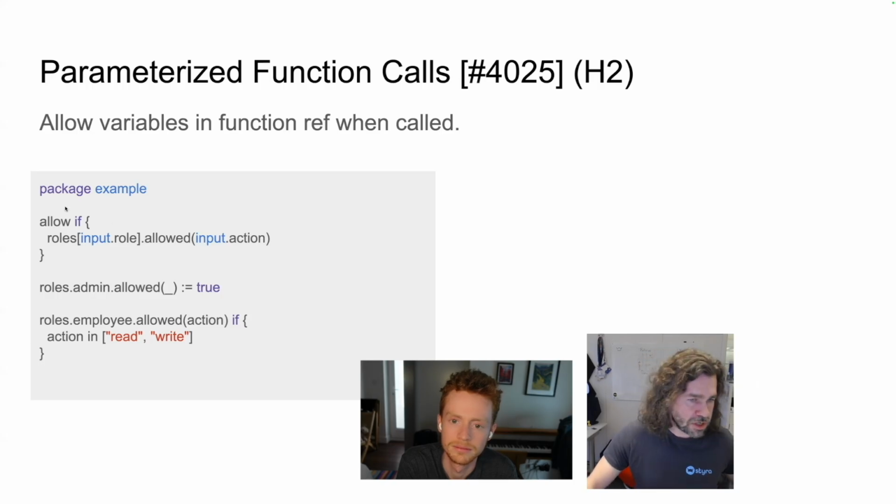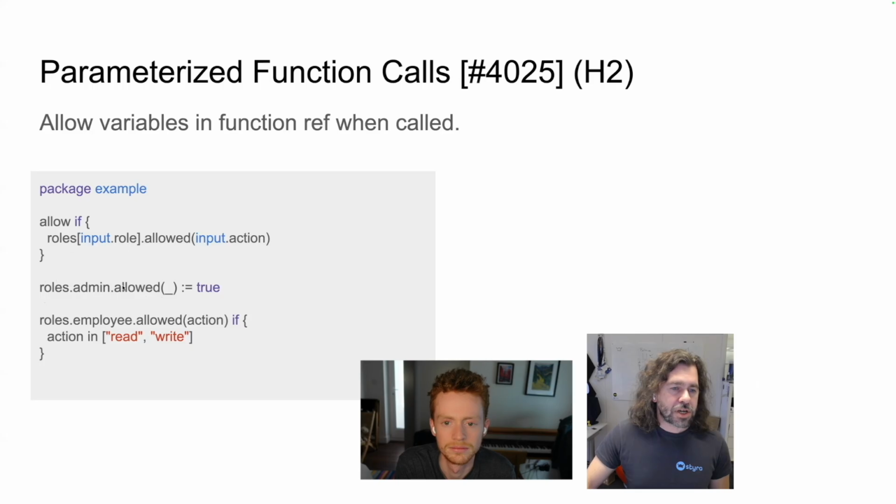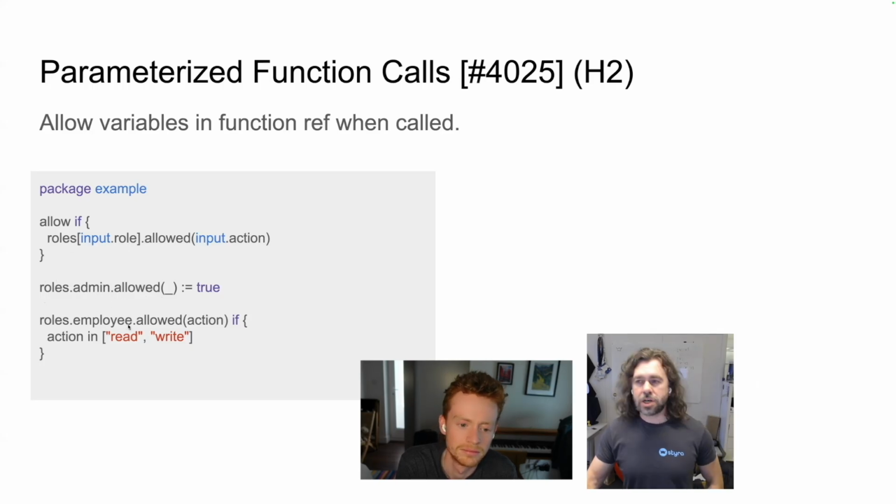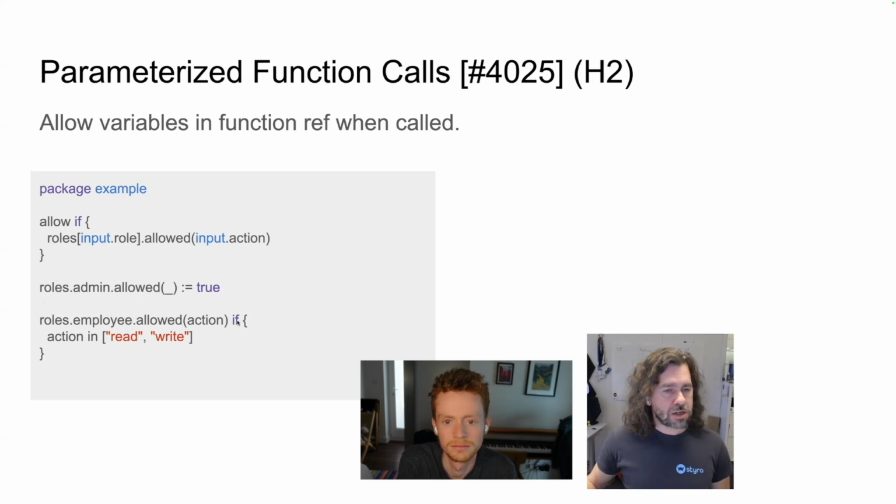In this example, this is not something you can do today. You can't have multiple functions defined with different references, different paths, and make a dynamic selection of which of these functions you want to call. You can do that with rules through dynamic policy composition, but you can't do it with functions, and we just want to add that capability to function calls as well.